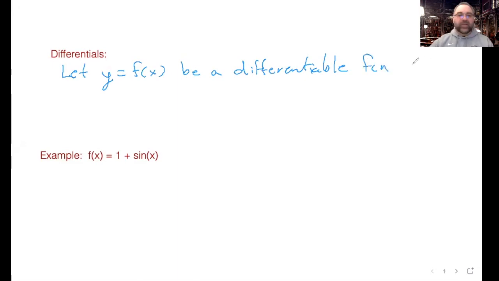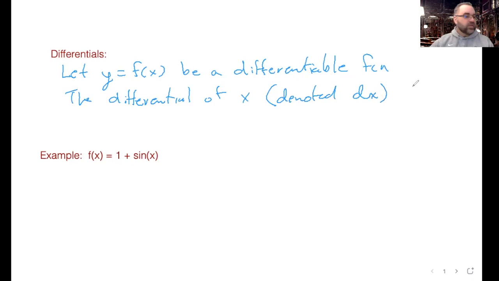Then the differential of x, which we denote dx, is any non-zero real number.